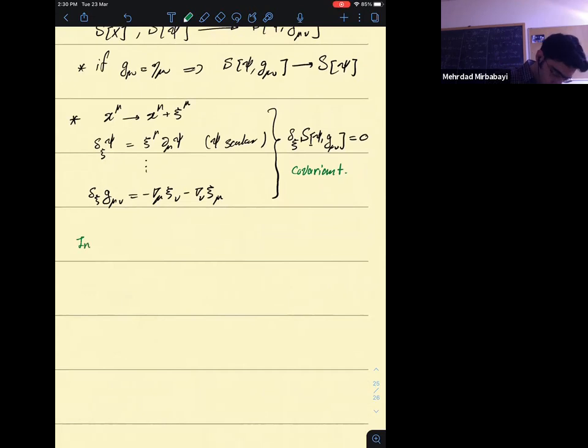So in Einstein gravity, there's no preferred reference frame.